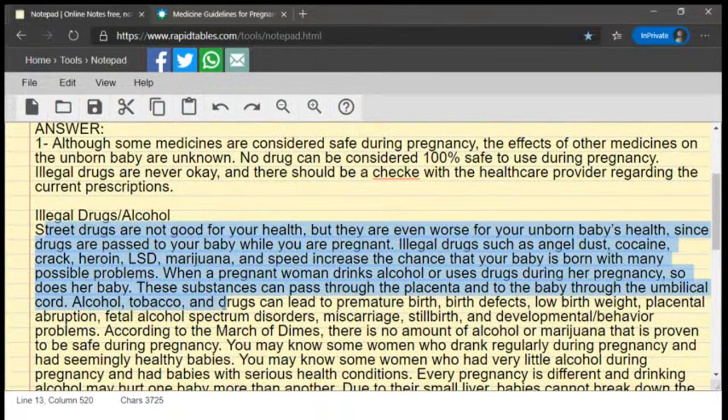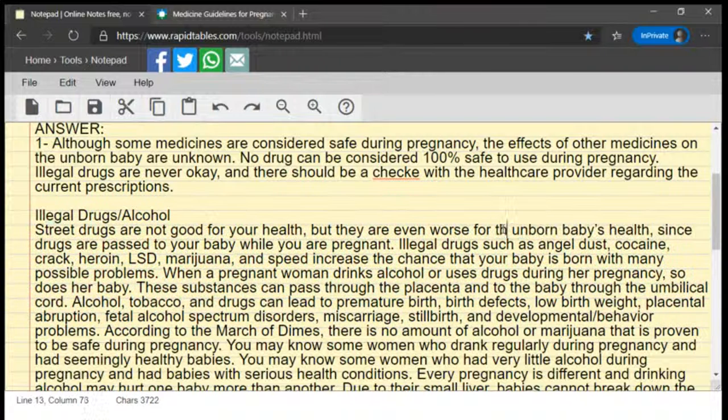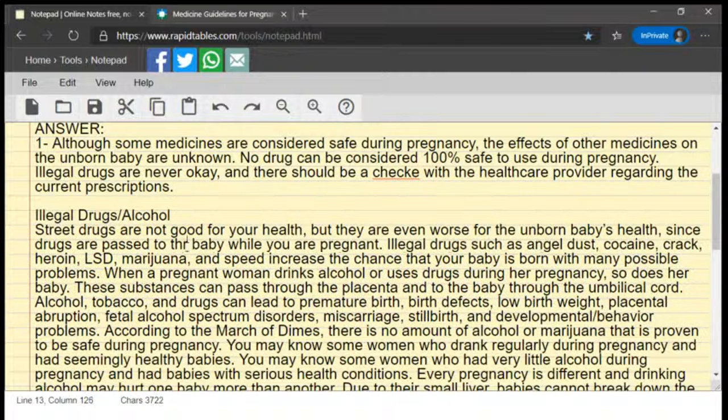Illegal drugs, street drugs, are not good for your health, but they are even worse for your unborn baby, since drugs are passed to the baby during pregnancy.